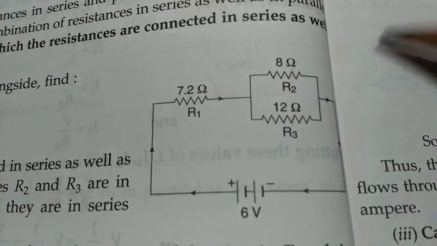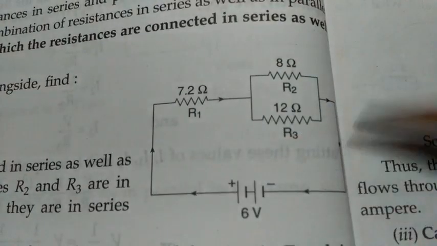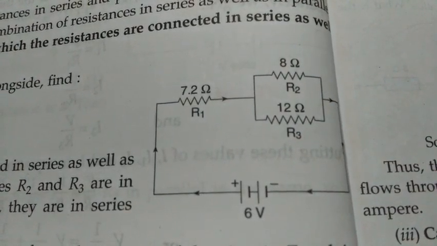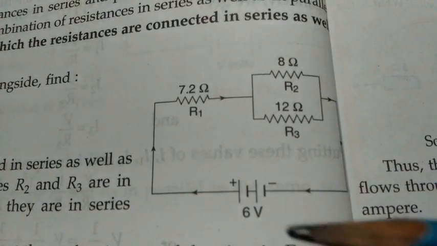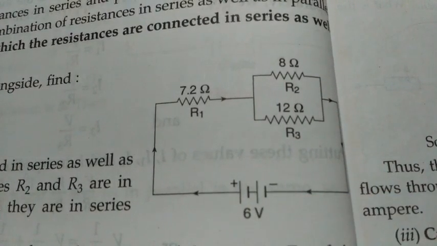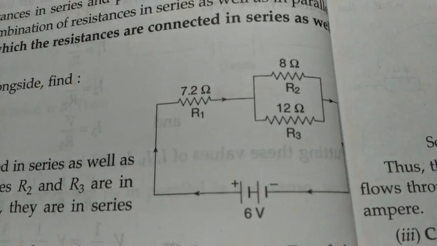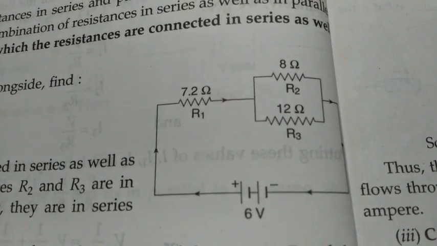Whenever you see this type of mixed combination, you first have to solve the parallel combination. Here a 6-volt battery is also connected. In this circuit we first find the total resistance, and then the total current flowing in the circuit.